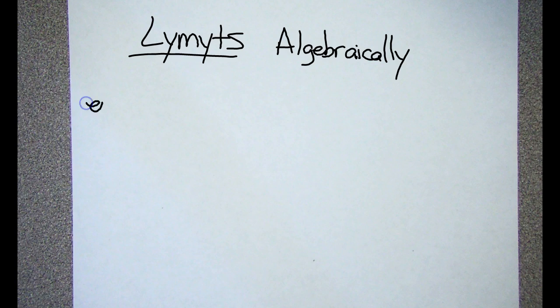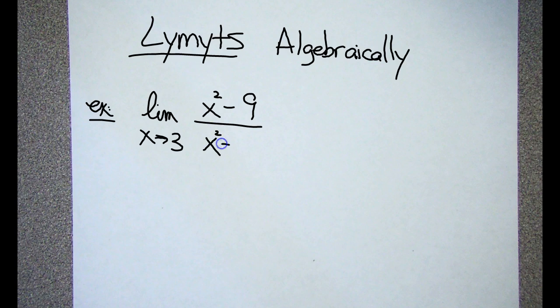But here's an example. Let's say limit as x approaches 3 of x squared minus 9 over x squared minus x minus 6.